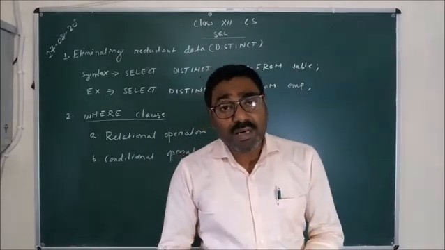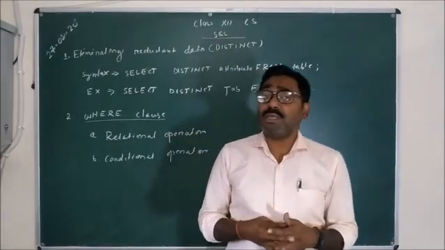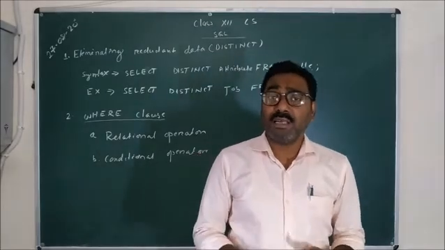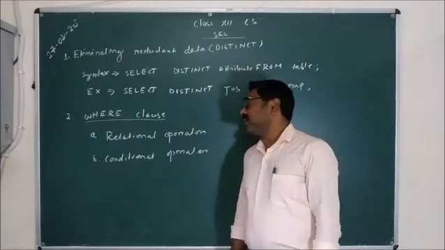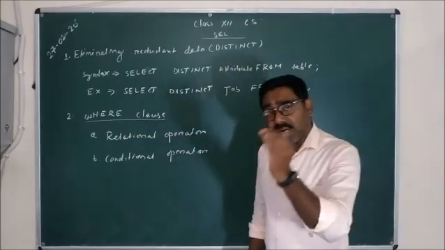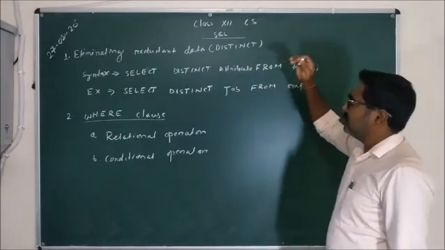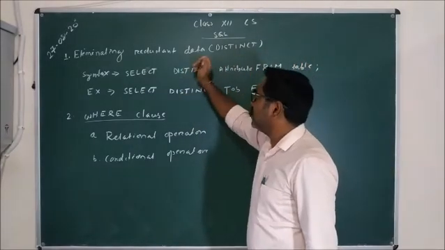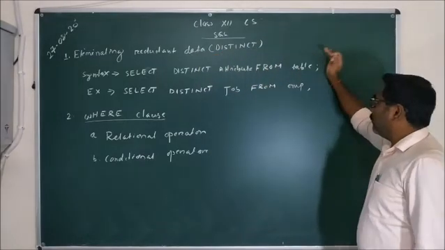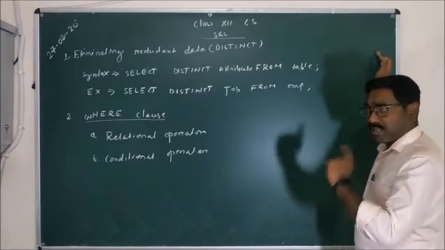That means if we need the report of a query depending upon a condition, then for assigning a condition we have to use the where clause. The where clause is always written after the table name. That means select either asterisk or attribute list from table name where condition. I have already written it in the last session.